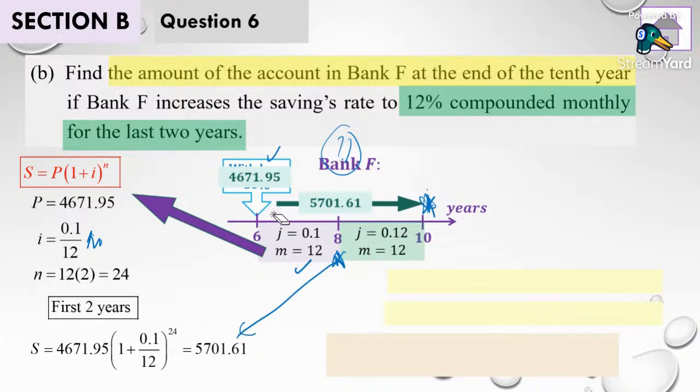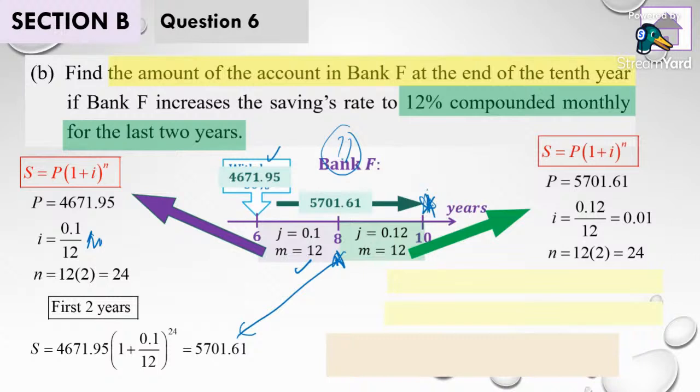So here, we apply the compound interest formula one more time, where this time P is 5701.61, i is 0.12 divided by 12, which simplifies to 0.01, and it also runs for 2 years, so n is 24.